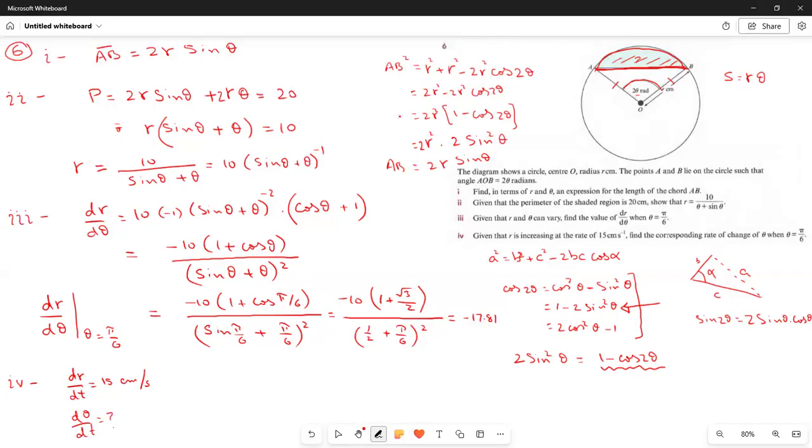Okay, so using chain rule, you know that d theta by dr is going to be d theta by dt into dt by dr. Okay, so from here you can see that d theta over dt, this is what we need to find out. This is equal to d theta by dr divided by dt by dr. Sorry, I think I made a mistake here.